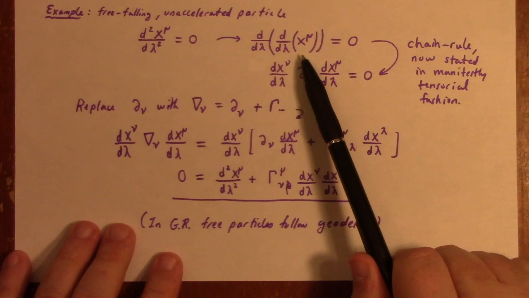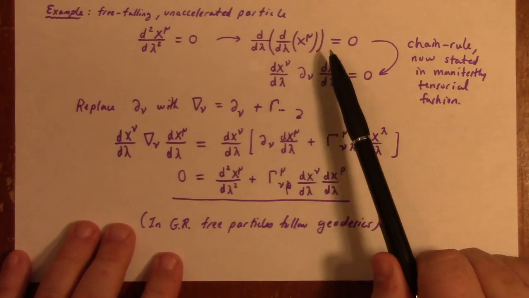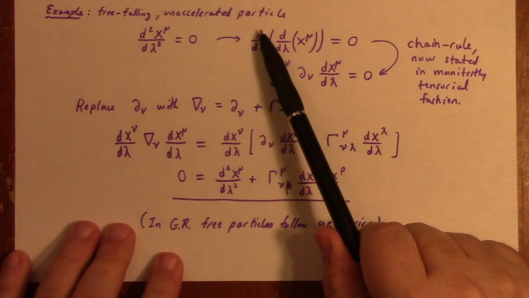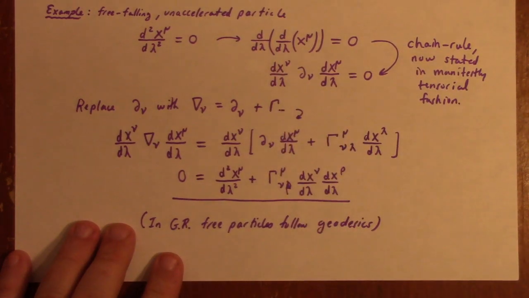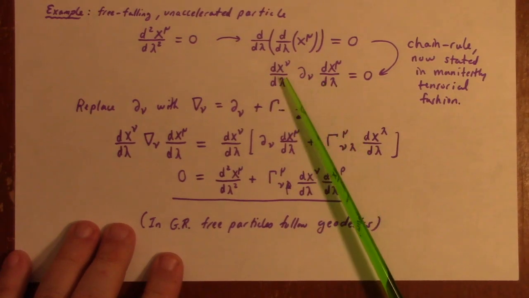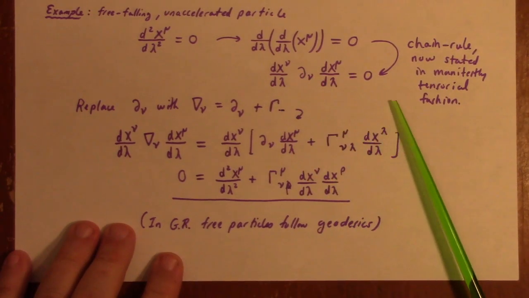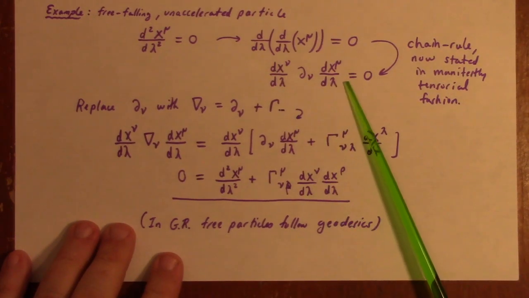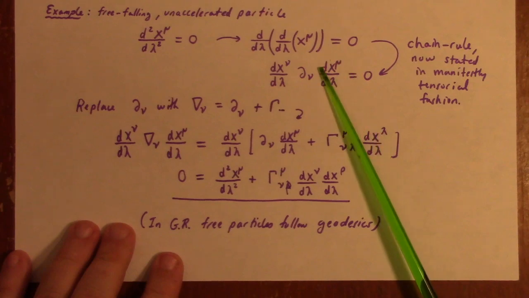I mean, the velocity is, but the second derivative is not. But you can convert it to a tensorial equation by taking one of your derivatives and doing the chain rule to convert it like so, and now it's manifestly a tensorial thing because you've got a contraction over Lorentz indices, and again dx mu d lambda. Well, that is a vector. All right.